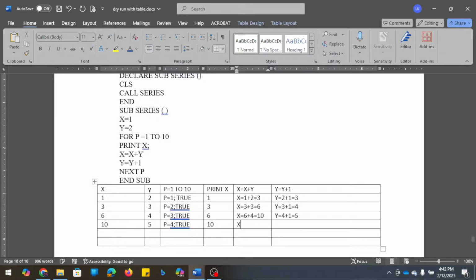So x equals x plus y: x is 10 plus y, y is 5, so it is 15. y equals y plus 1, that is 5 plus 1 equals 6.